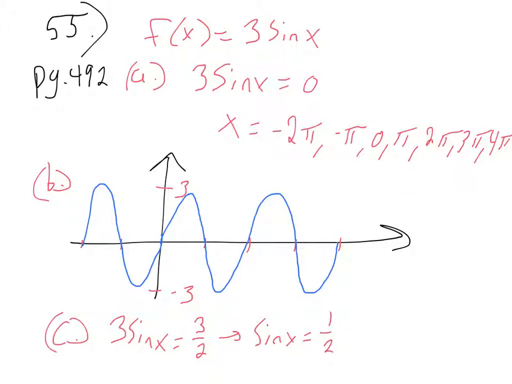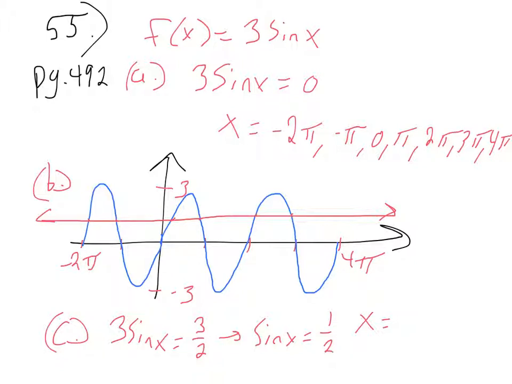And graphically, what is this going to look like? 3 sine x equaling 3/2. 3/2 is 1.5, meaning it's going to be right here. So all the intersection points with that line are the graphical representation. So we're going to have 1, 2, 3, 4, 5, 6 solutions to that equation over that interval, between 4 pi and negative 2 pi.